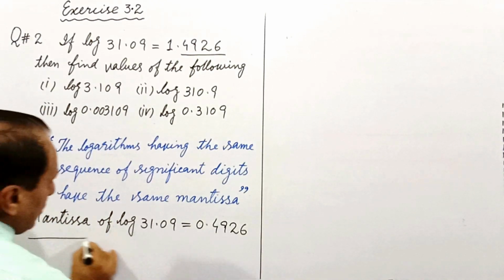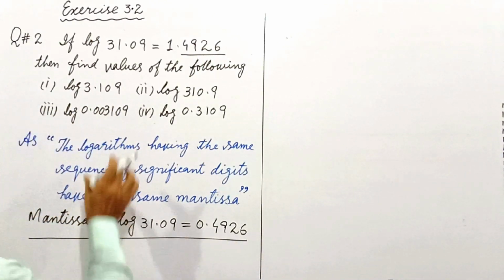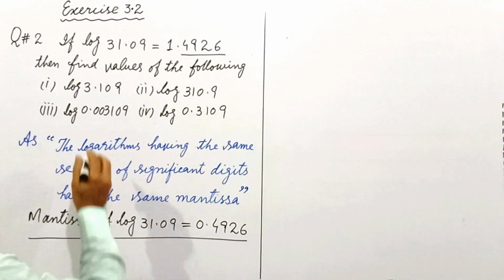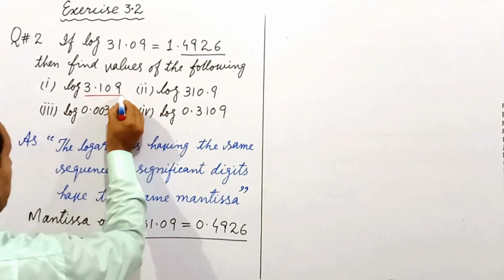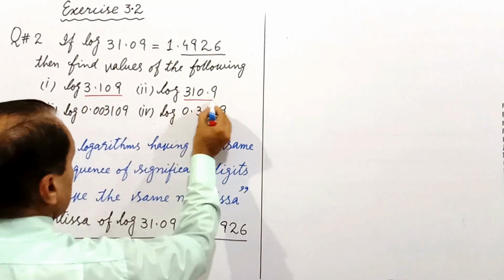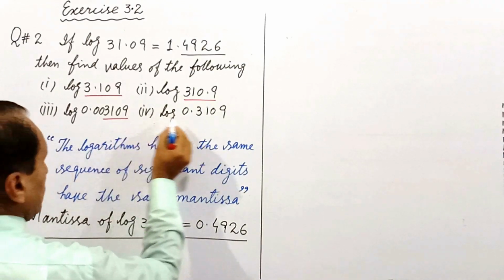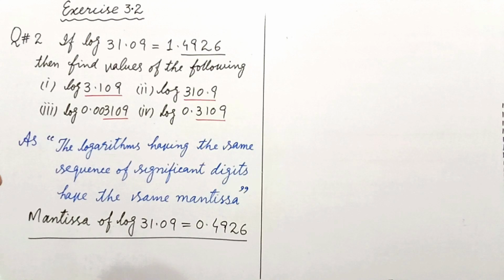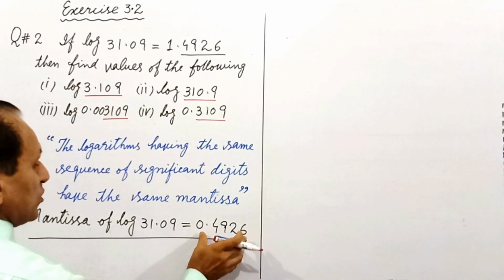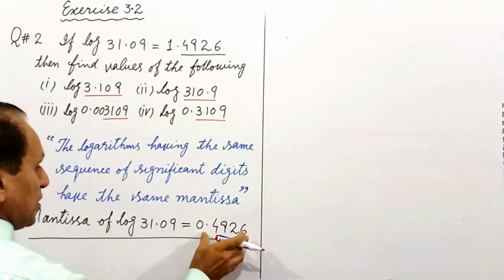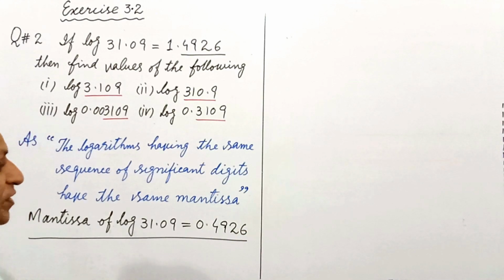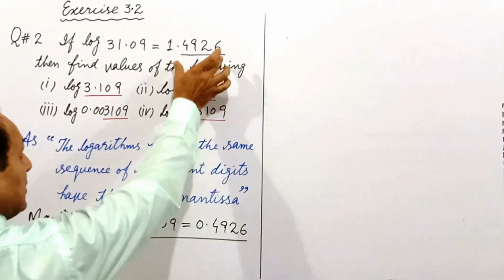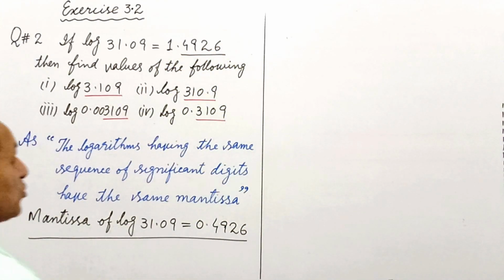And that is what we use in all of these four parts, as their sequence of significant digits is 3109, 3109, 3109 and 3109 in each case. So we use the same mantissa for all of these four parts, 0.4926. It means we do not need to use a scientific calculator to find the mantissa, as we already got it from the given number. So let's do part 1.